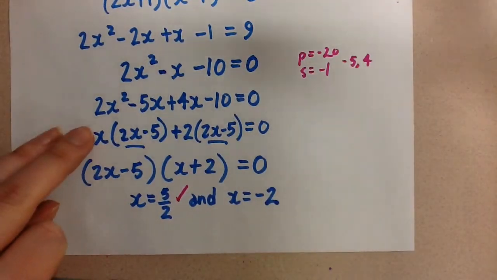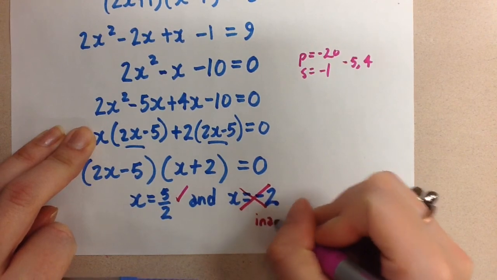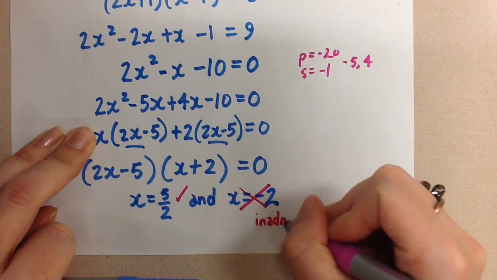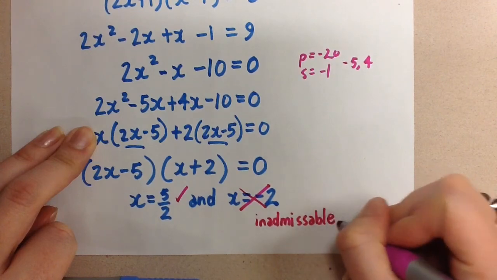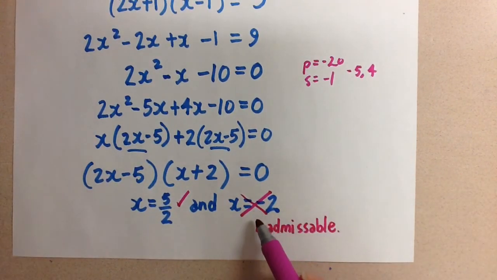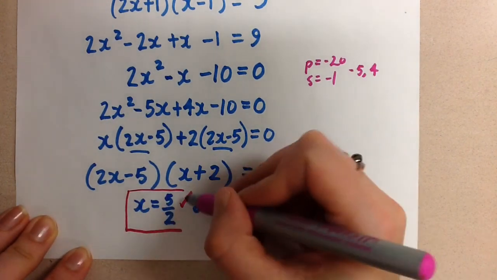So we're going to eliminate this solution and call this an inadmissible solution or an extraneous solution, because that can obviously not be a solution for this logarithmic equation if it makes the logarithm of a negative number. So the only solution that we have here for this logarithmic equation is x equals 5/2.